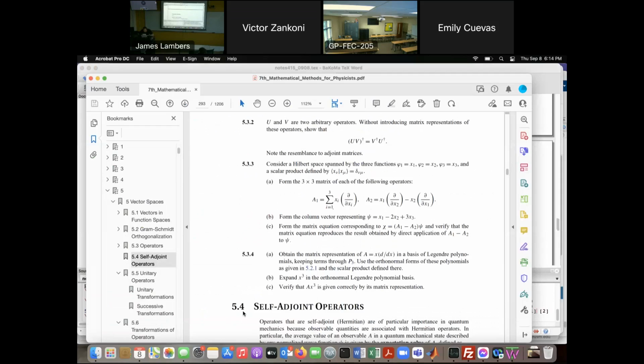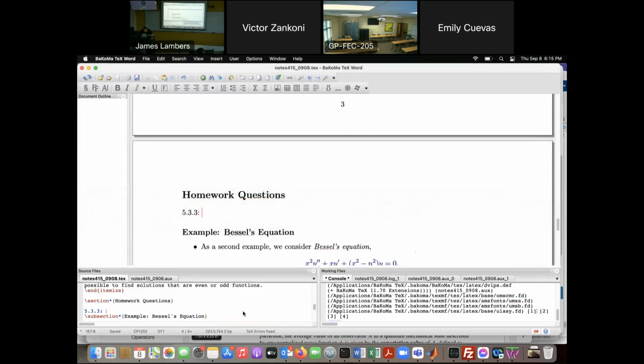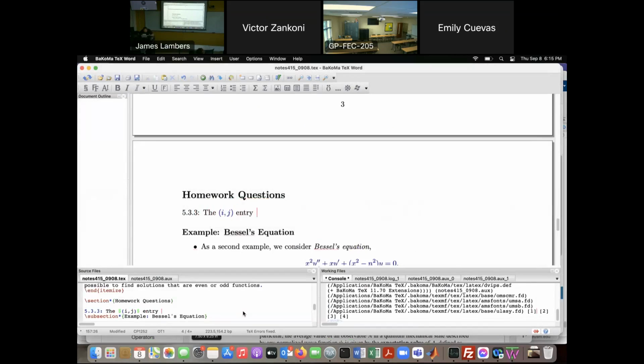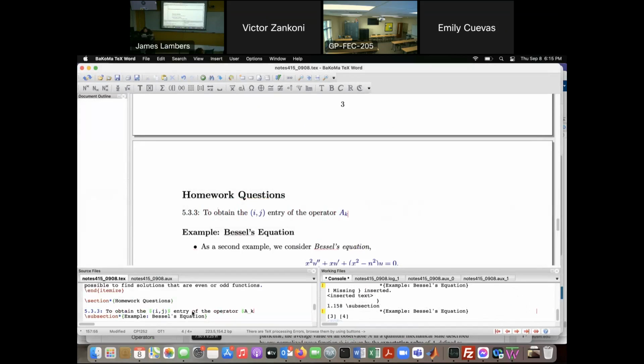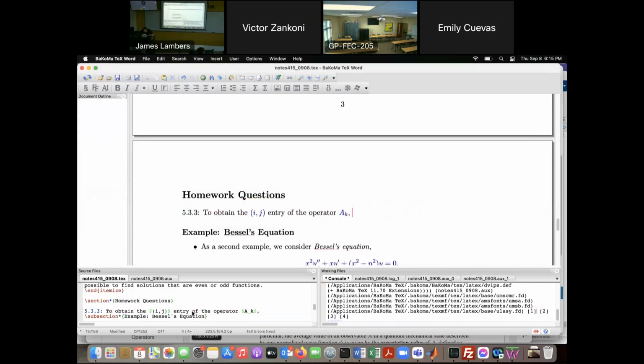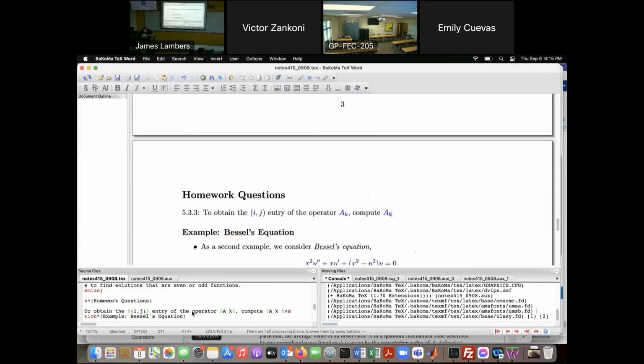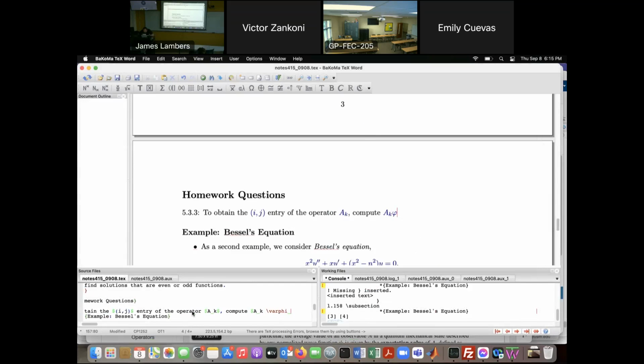So the IJ entry of the operator AK, or A1 or A2: what you do is you compute the operator AK applied to the basis function phi j.